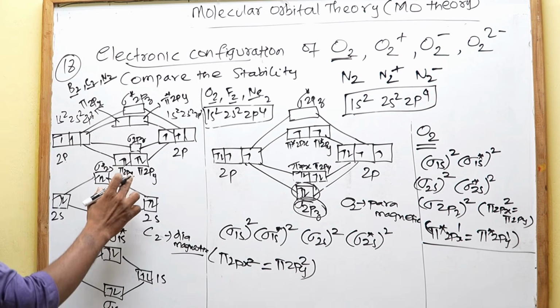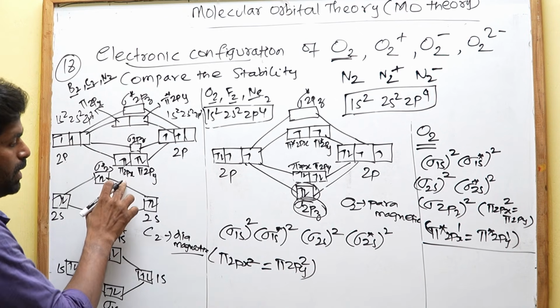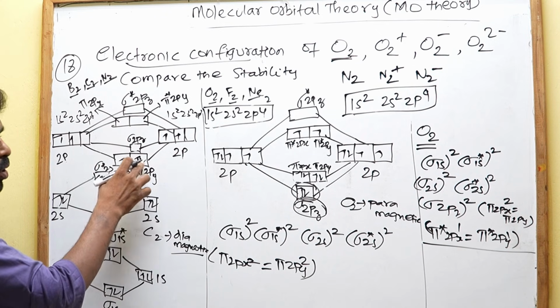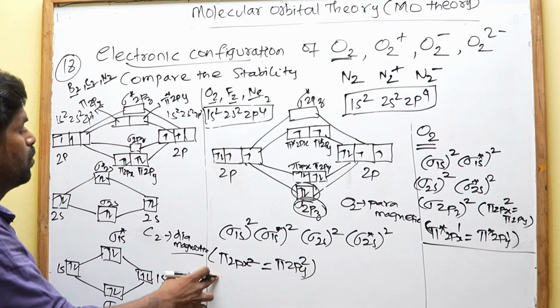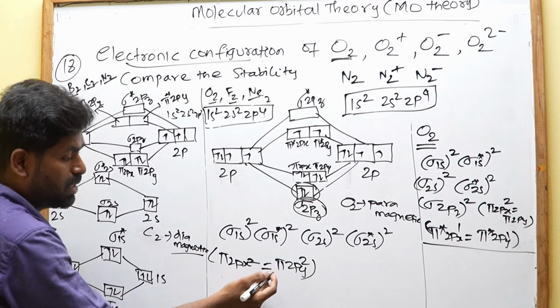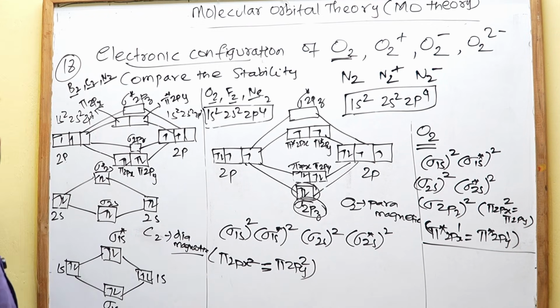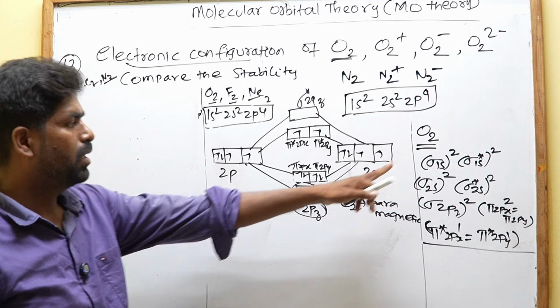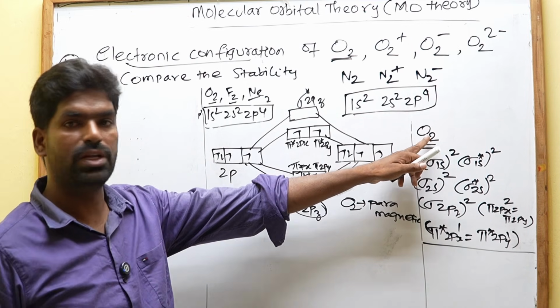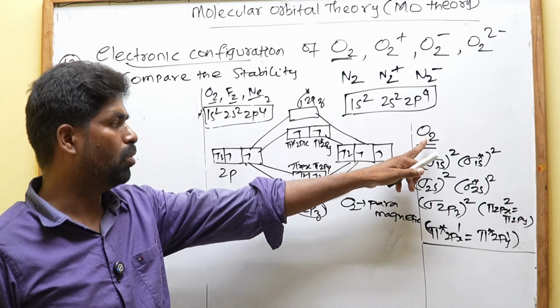Look at the equal symbol representing that these two molecular orbitals are in the same energy level. That is the meaning of the equal symbol. Hope you understand. And so this is an electronic configuration for O2.